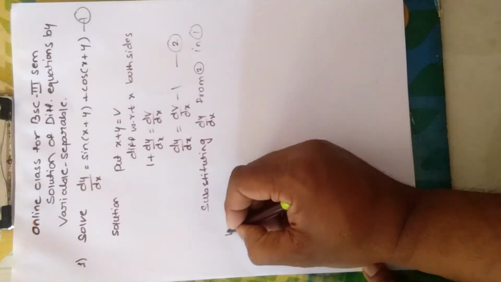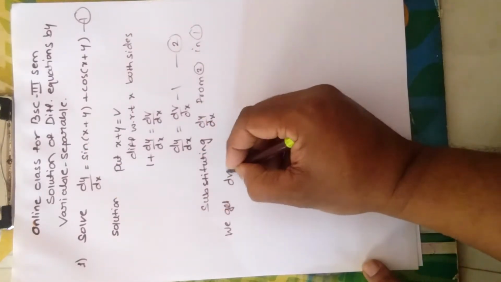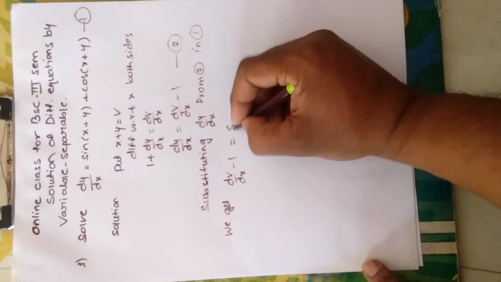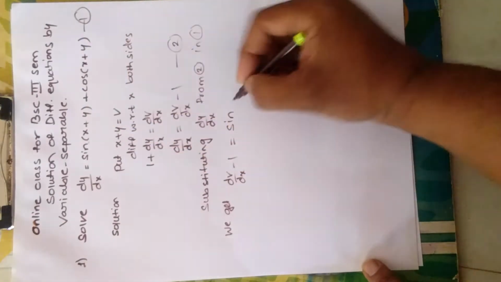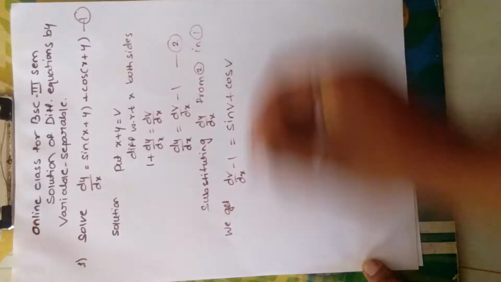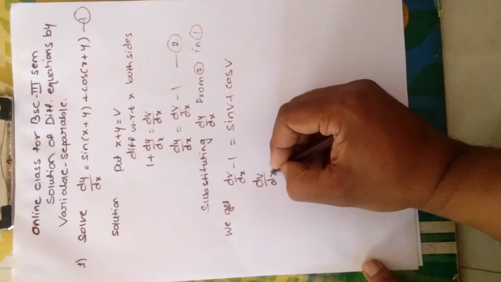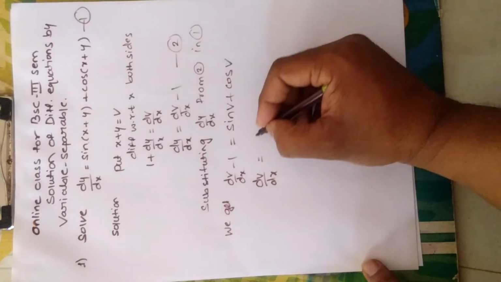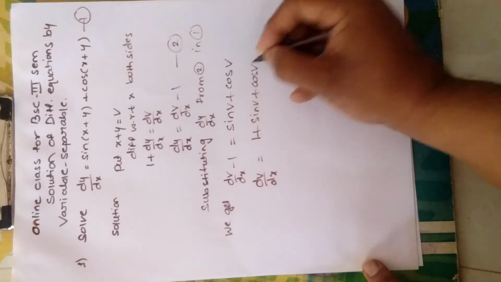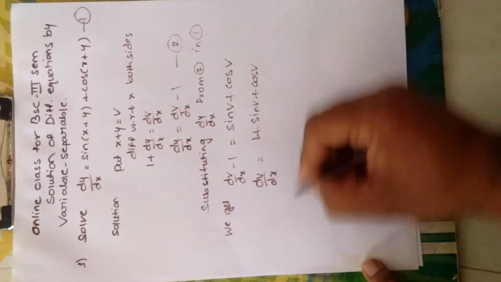So with this we get dy/dx, meaning dv/dx minus 1, equal to sin(x + y), which is sin v, plus cos(x + y), again x + y is v, so cos v, right? Similarly now we want dv/dx equal to, sending this one here, 1 + sin v + cos v. Okay, so now we apply the variable separable method.